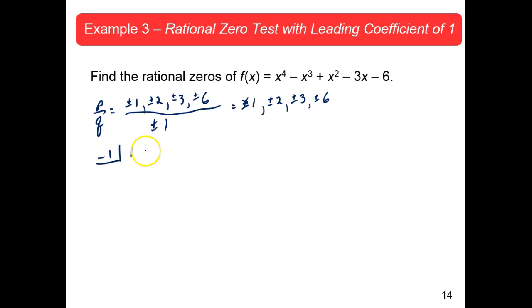Minus 1. 1. Negative 3. Negative 6. Do we have enough numbers there? What's the degree of our function? 4. How many numbers we got? 5. You need 1 more than the degree, and that's what we got. Sure enough.